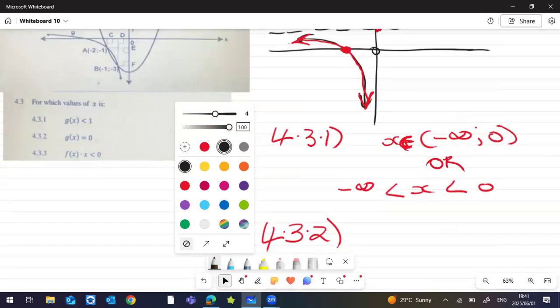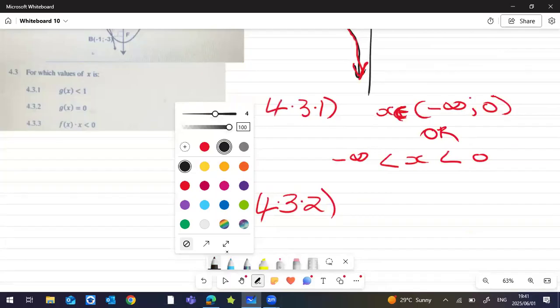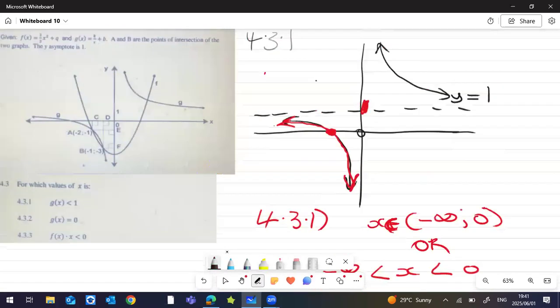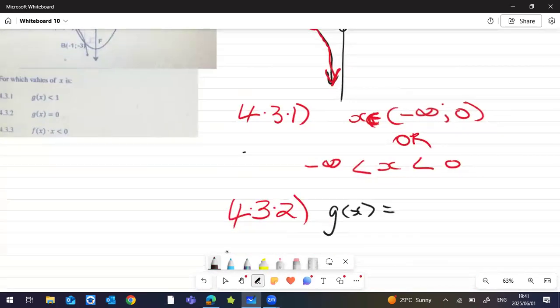To find the x-intercept, remember your g of x equals k over x plus b.